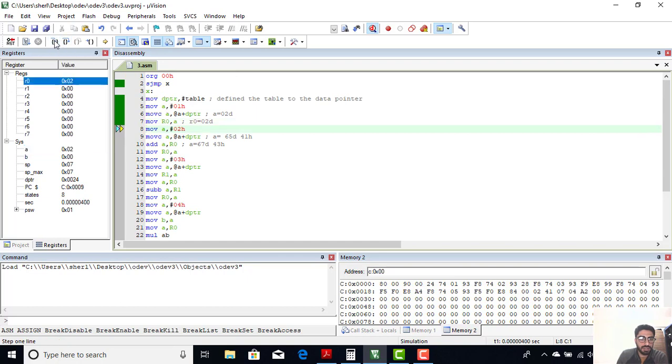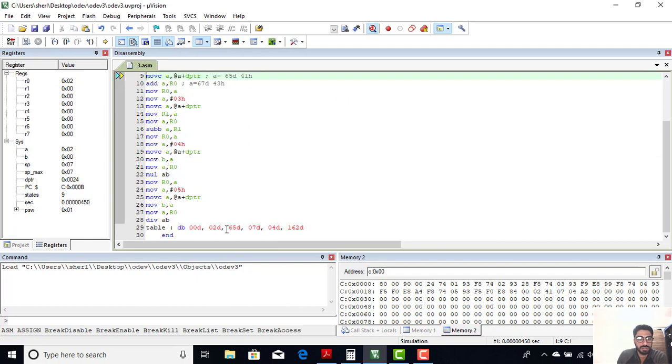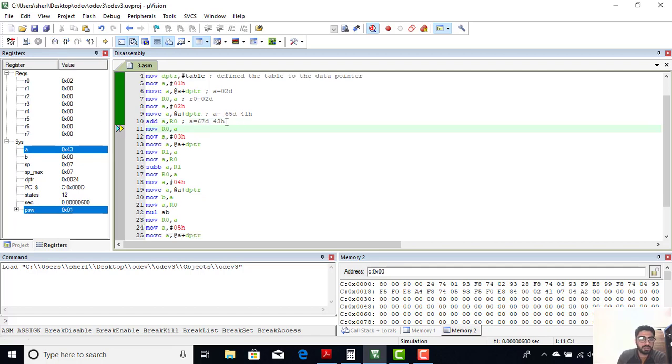Then we will give A 2 hex and then move it to the table. We are picking the second value, which is 65 decimal, which is 41 hex, and everything is right till the moment. And now we are adding A to R0, which is 2 to the 65, 67 decimal, which is 43 hex, and everything is right.